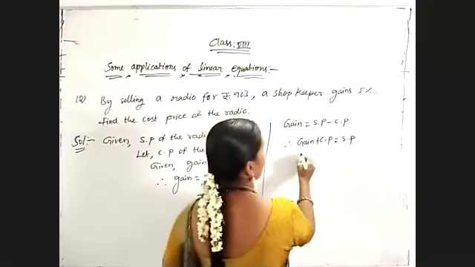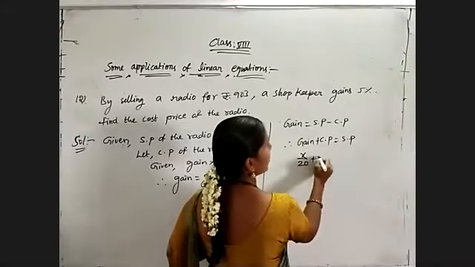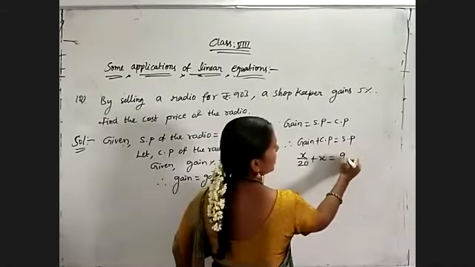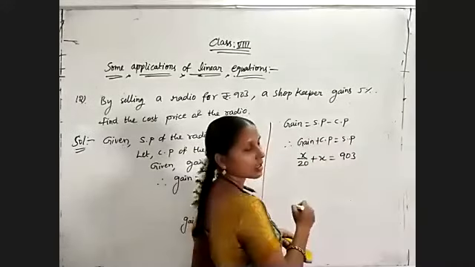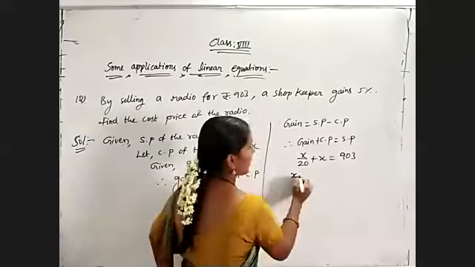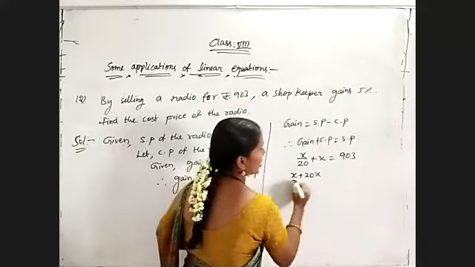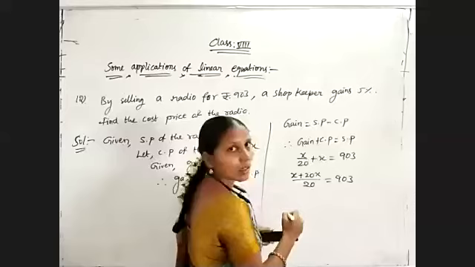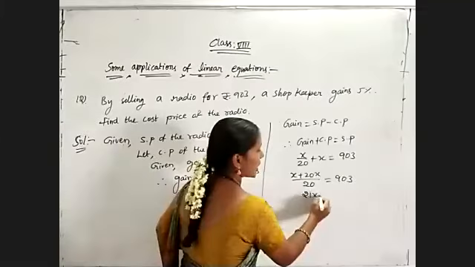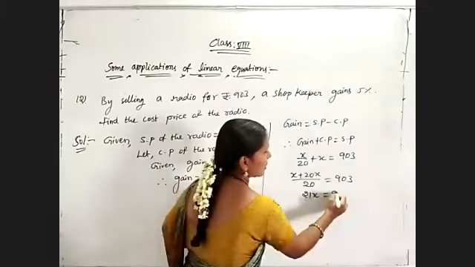Now gain value is x by 20, CP value is x, which is equal to SP, 903 rupees. So now simplify: x plus 20x by 20 is equal to 903. So which is equal to 21x is equal to 903 into 20.